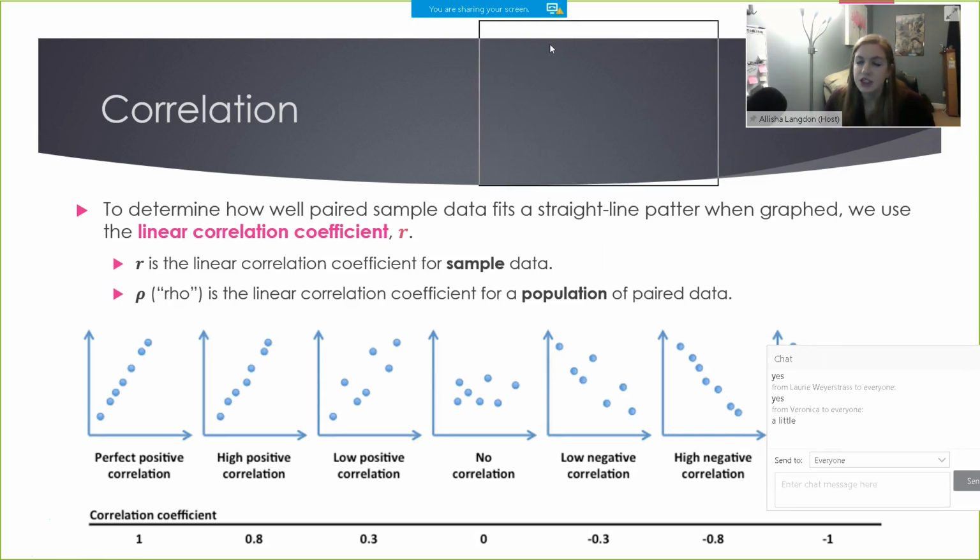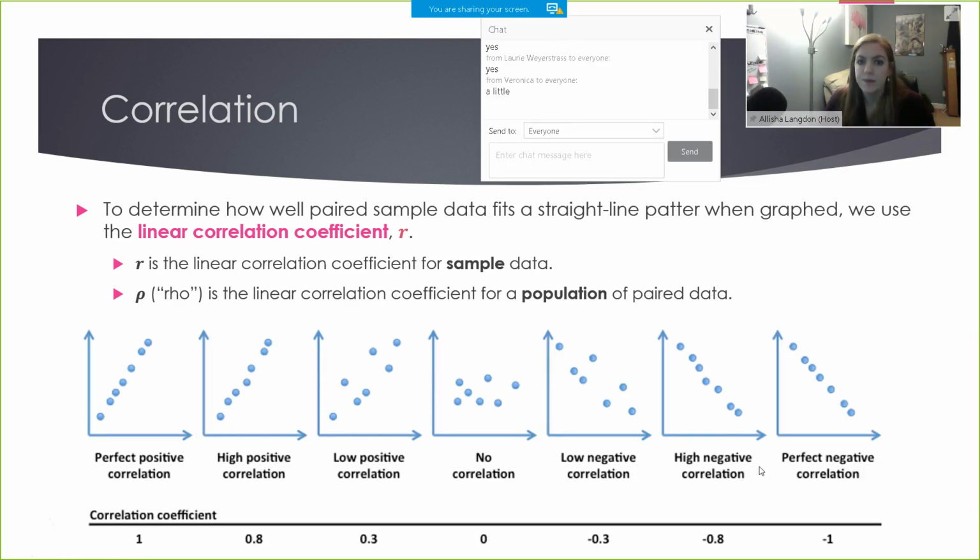So here's a little chart that's going to have different R values. Let's start with the leftmost value. This R value is a 1. 1 is the largest value you can have. You're going to have an R value somewhere between 1 and negative 1. That's as far as you can go.